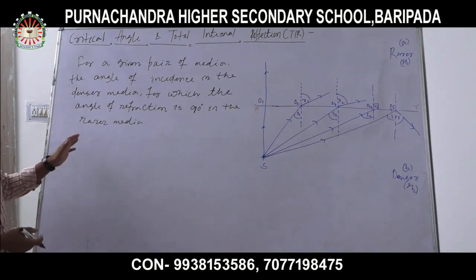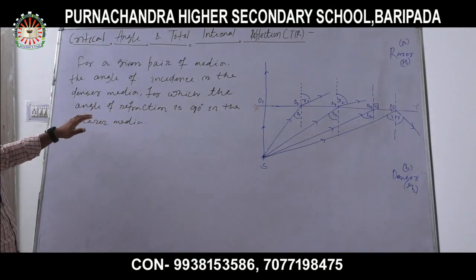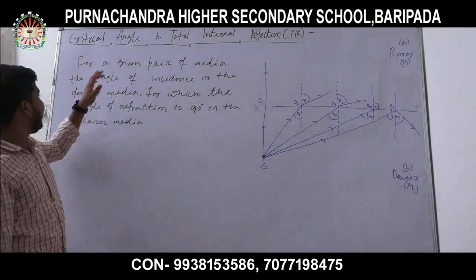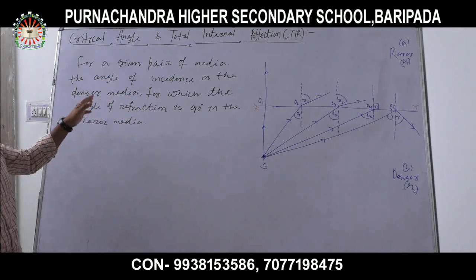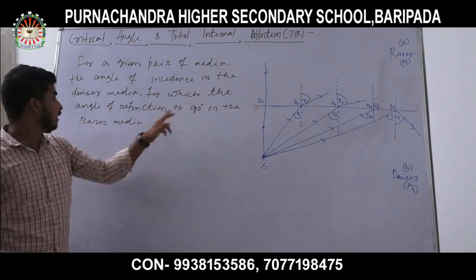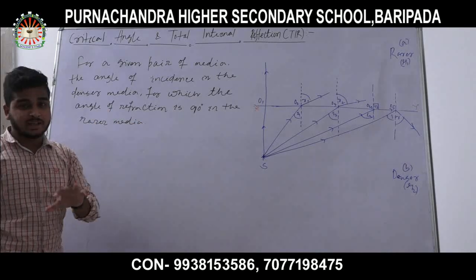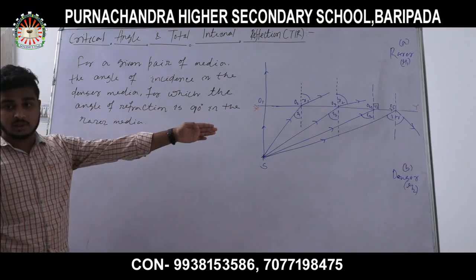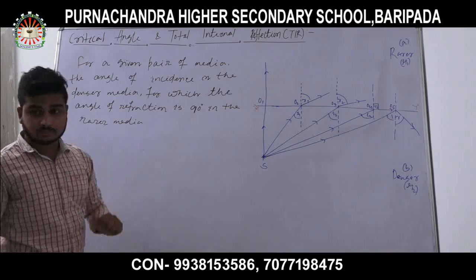Okay, this is the definition of critical angle. So I have written that for a given pair of media, the angle of incidence in the denser medium for which the angle of refraction is 90 degree in the rarer media. What does it mean? Let's understand this with a ray diagram.